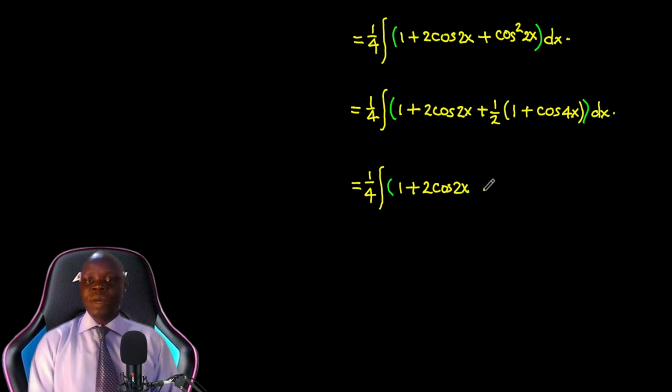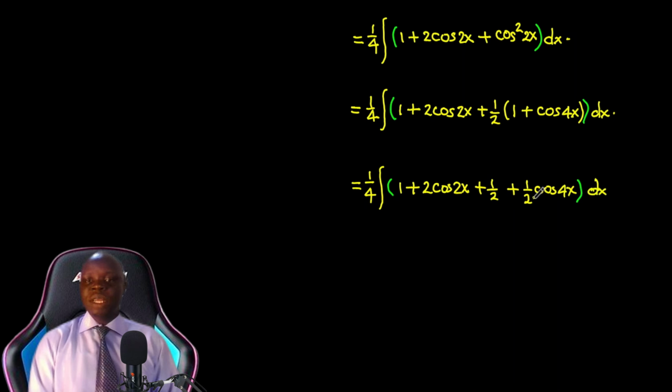If you open up this bracket, the first term becomes 1/2. Then the second term here becomes 1/2 cos 4x. So again, let's close this bracket up and we're integrating with respect to x.